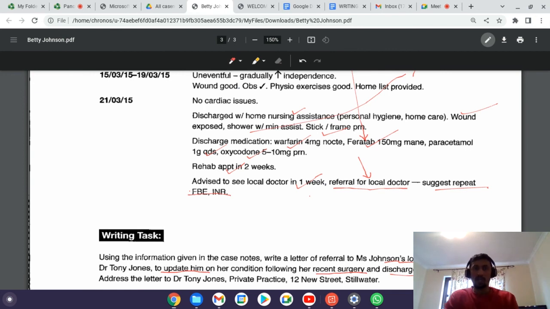So in that, you're going to write the medication first. Because the patient is on IV antibiotics and all that, you can mention that the patient was on all these medications while in the hospital.